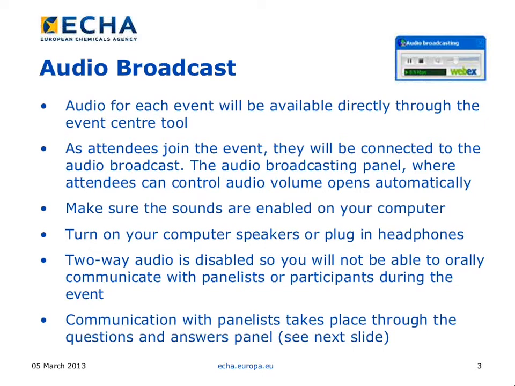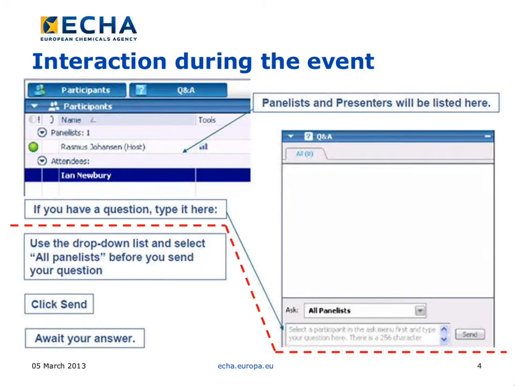However, you can indeed interact, and we encourage you to interact during this webinar. I will explain now in the following slide how you can actually interact with us during the whole webinar. You can see on the right-hand side of your screen the list of panelists and presenters, and also a button that says Q&A.